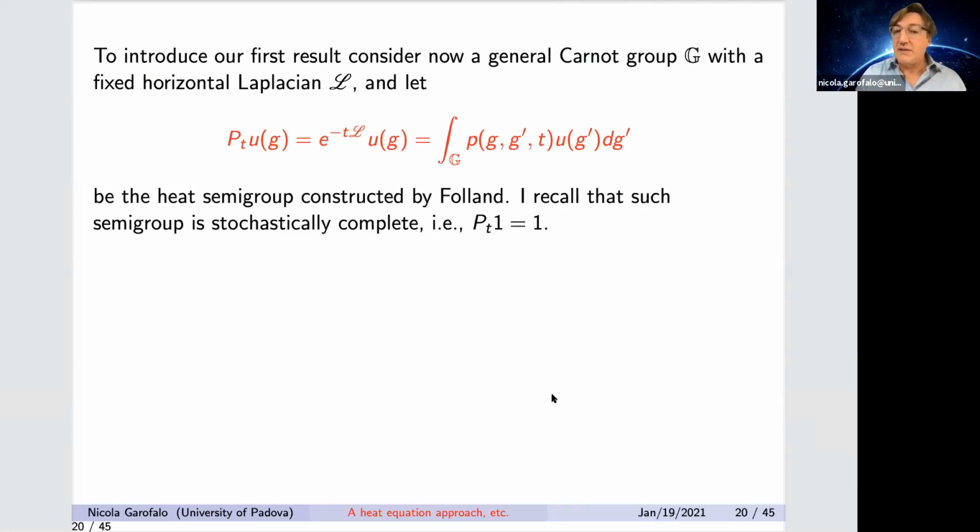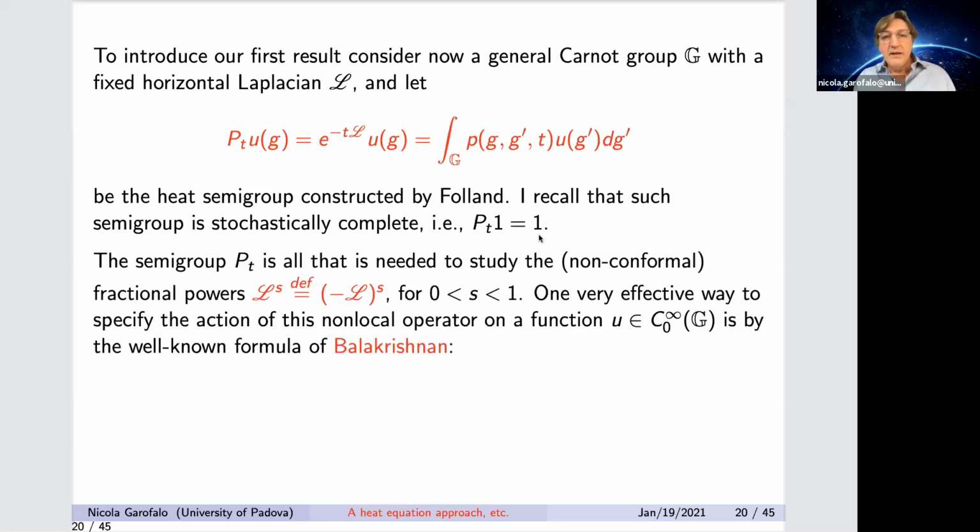This was constructed by Folland himself in 1975. This semigroup is stochastically complete. This means that P_t of 1 is 1, like for the standard heat equation. So if we integrate this function, we get 1.